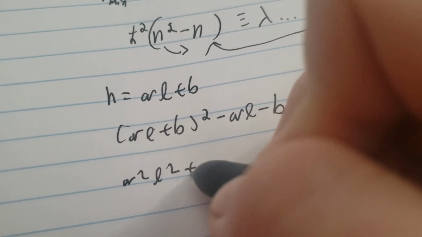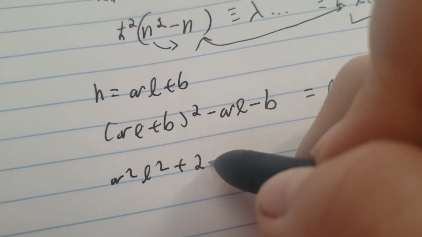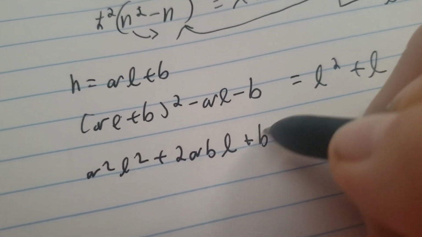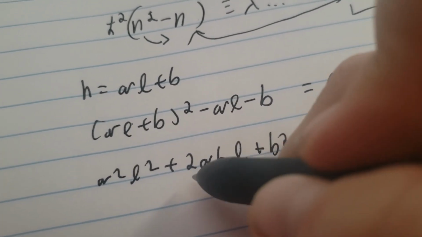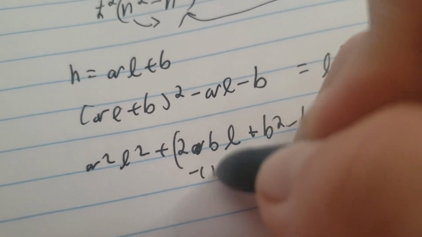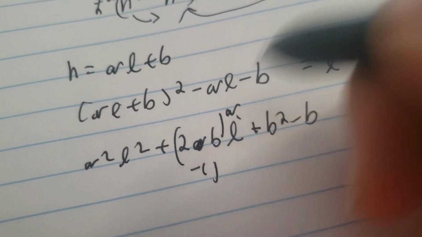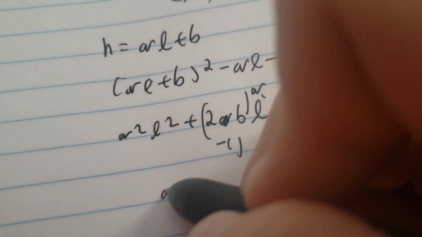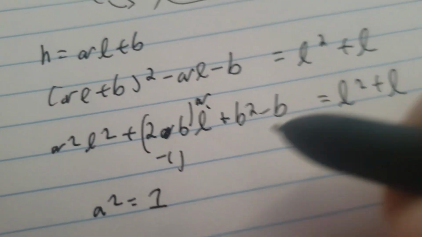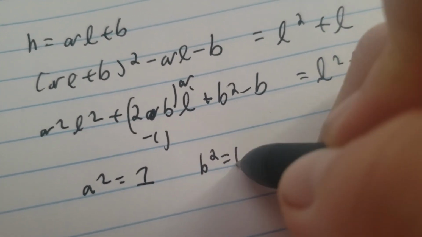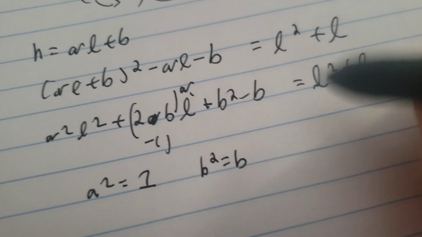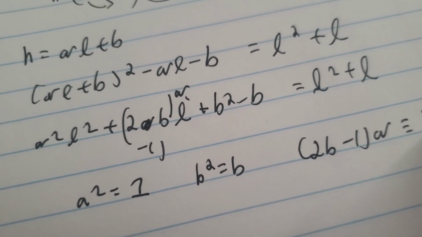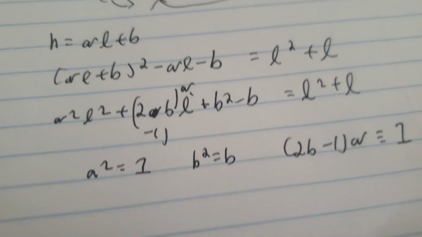A squared l squared plus 2abl plus b squared minus b, minus al, so (2b minus 1) times a l, must equal l squared plus l.